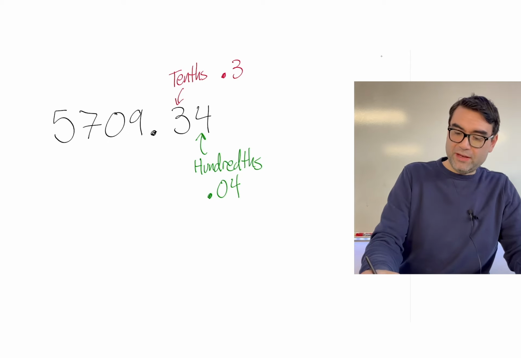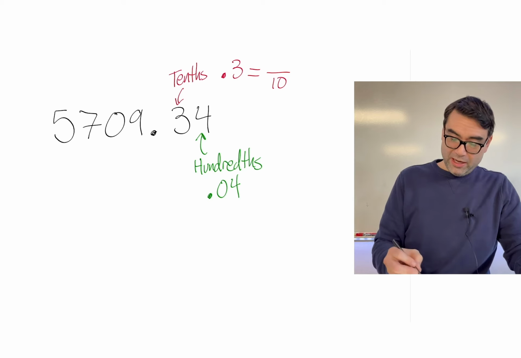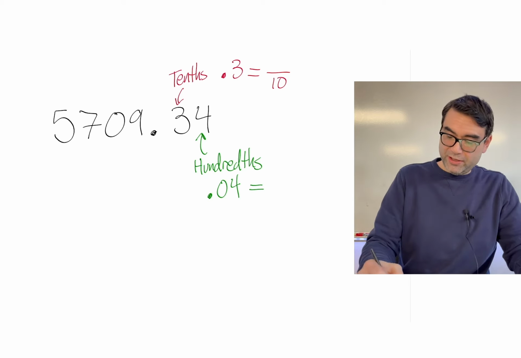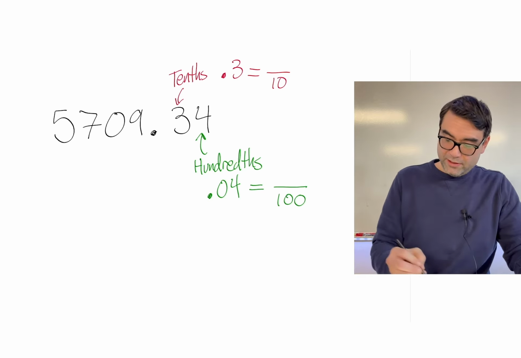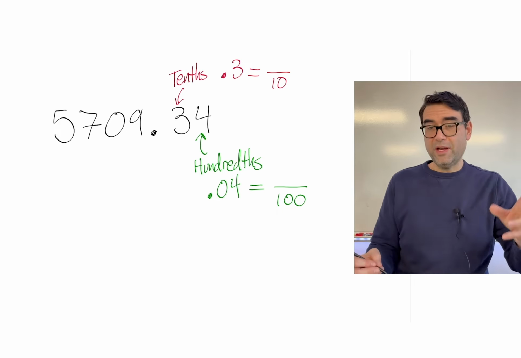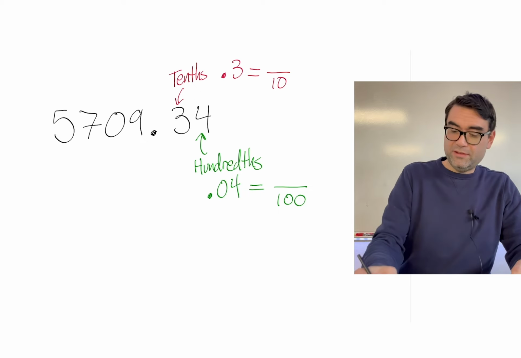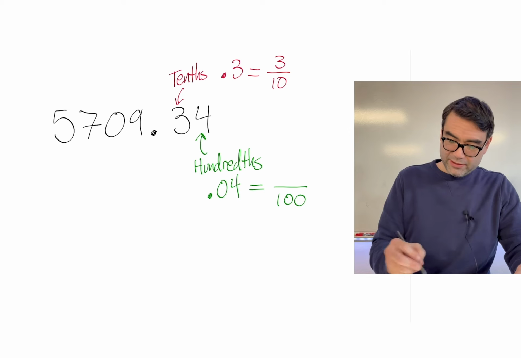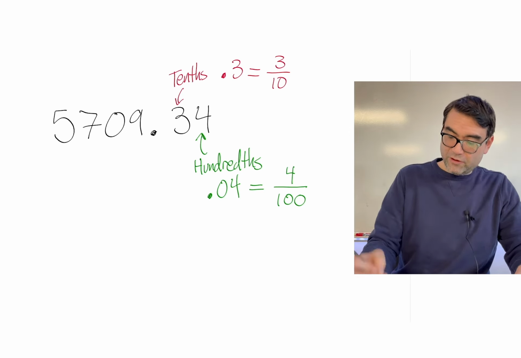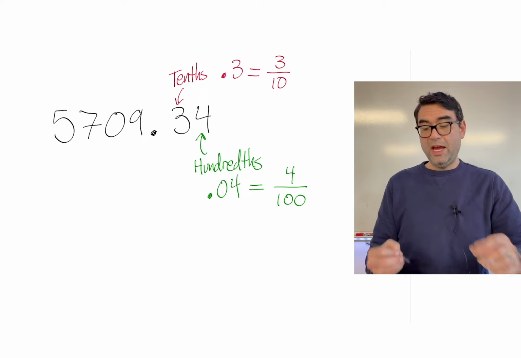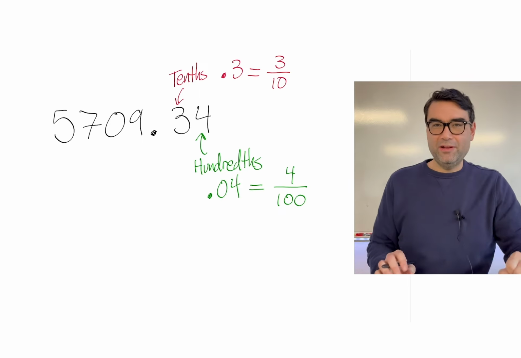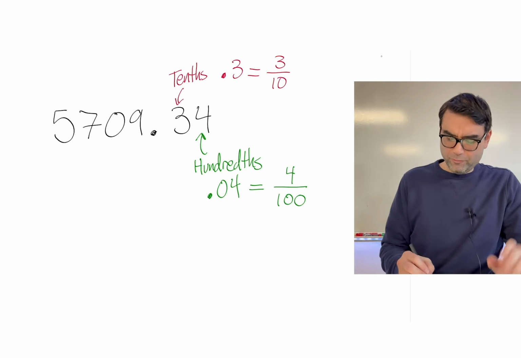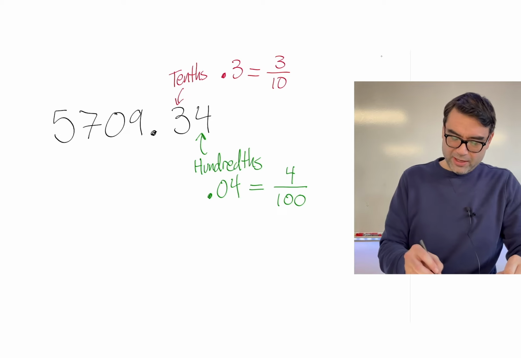So tenths, you can think of as a fraction over 10, and hundredths, as a fraction over 100. And the numerator, the top, is the same value as the digit. So 0.3 is actually 3/10 as a fraction as well. And in hundredths, we could write that as 4 over 100. And yes, we could simplify that value, but that'll be for another video. We will not worry about that right now.